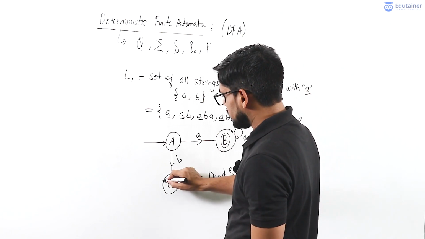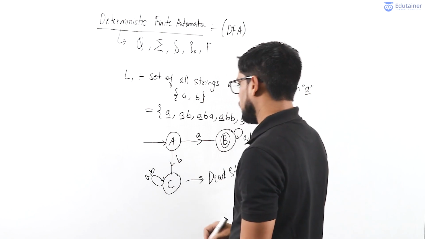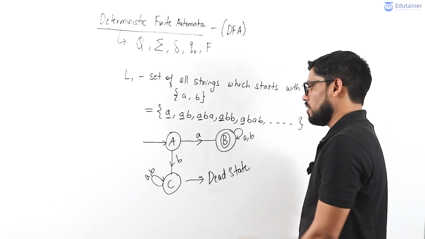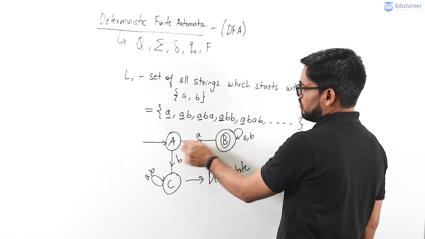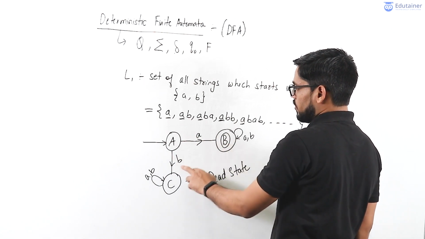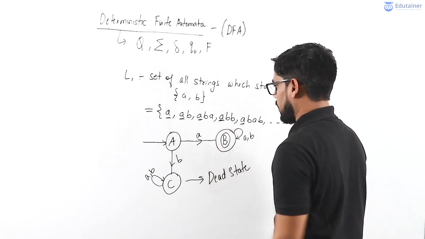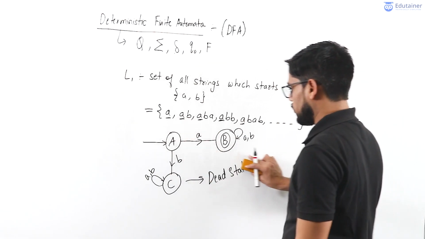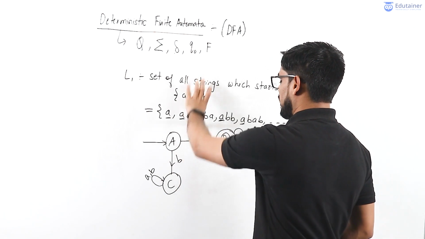In the dead state, you can accept any number of A's or B's, which will not matter. So if I see a symbol A on state A, I go to the final state B. If I see a symbol B, I go to the dead state C. This is the finite representation of this particular language L1.